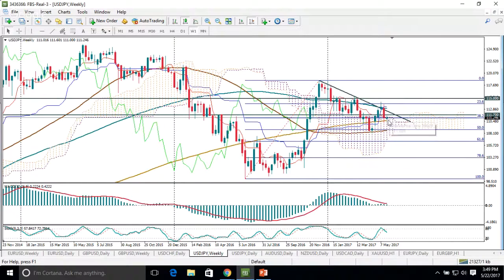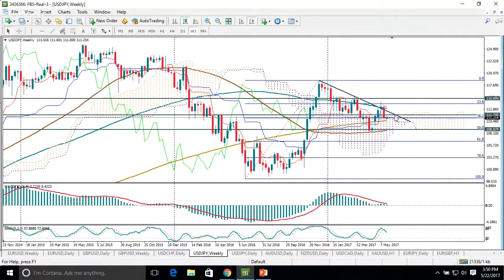It's trading slightly inside this cloud, but is supported by the 200-week moving average at the 110.64 mark. Decline below this level should open the way down to support at the area of 108.80.